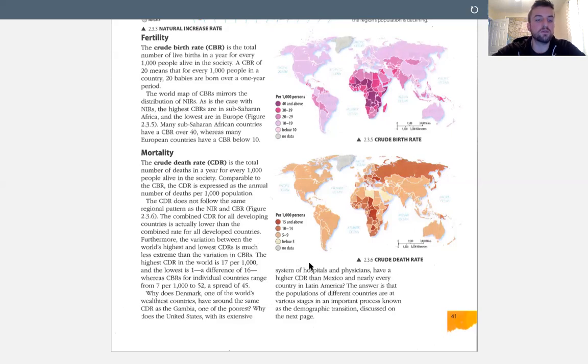The highest crude death rate in the world is 17 per 1,000, and the lowest is 1, a difference of 16, whereas crude birth rates for individual countries range from 7 per 1,000 in a population to 52, a spread of 47. Why does Denmark, one of the world's wealthiest countries, have around the same crude death rate as the Gambia, one of the poorest?